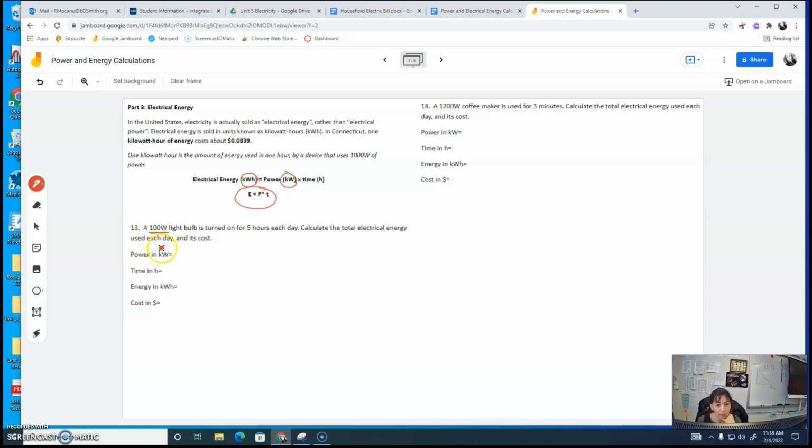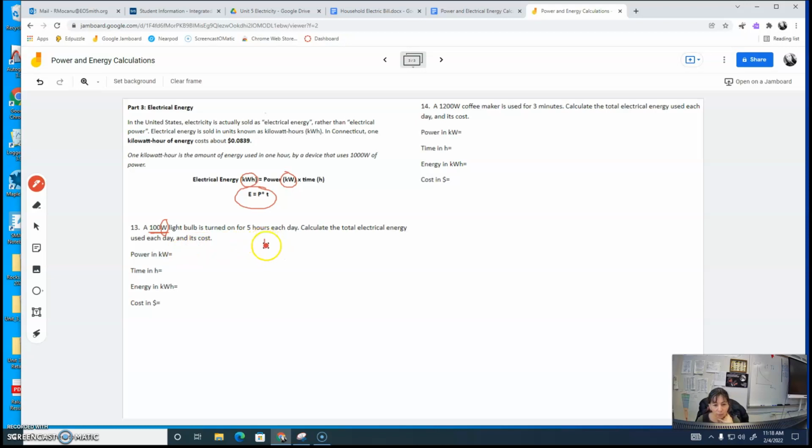So the problem is telling me about a 100-watt light bulb. What is that? Well, the unit of watts kind of gives it away that this is a power rating. So the power is given to me as 100 watts. However, I know that if I want to use this formula, I need to convert that watts into kilowatts.